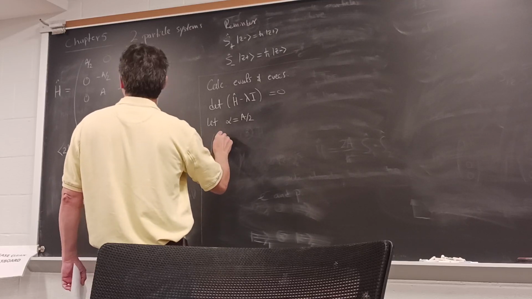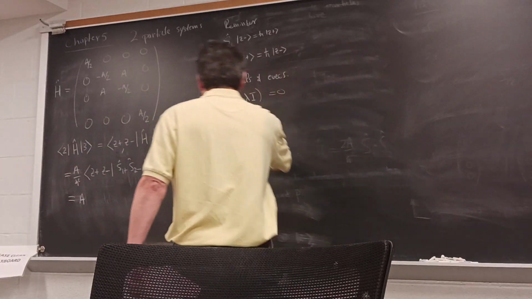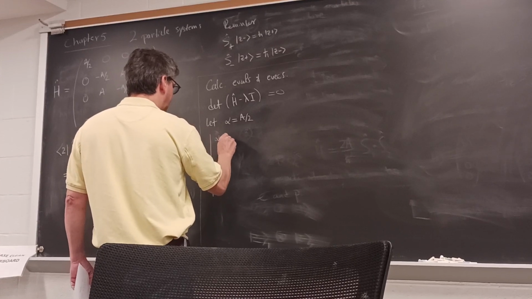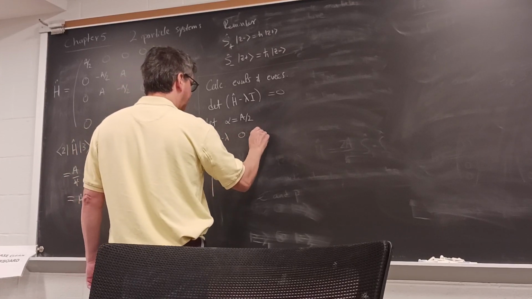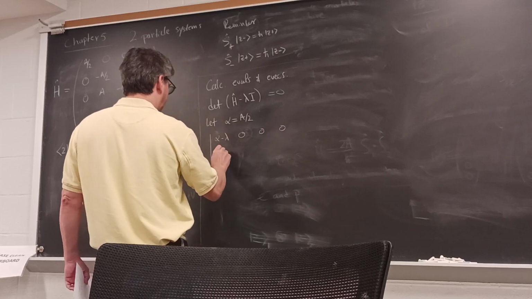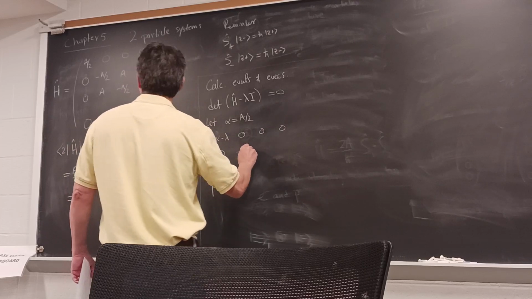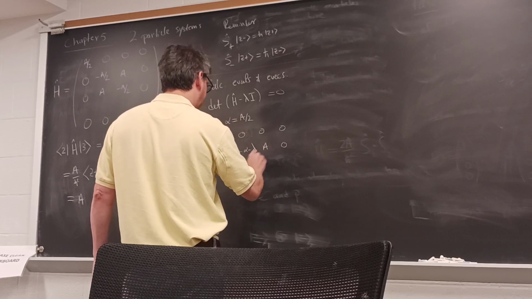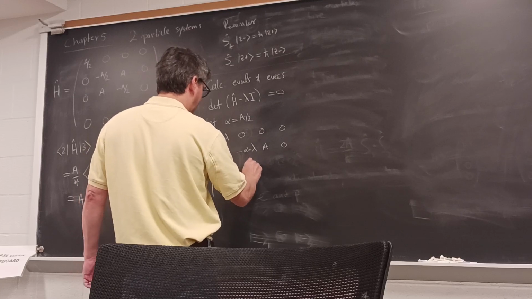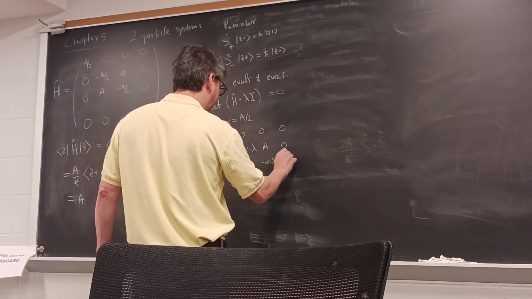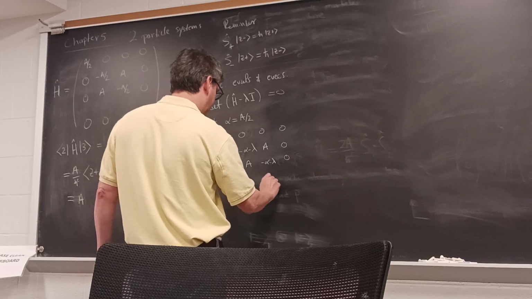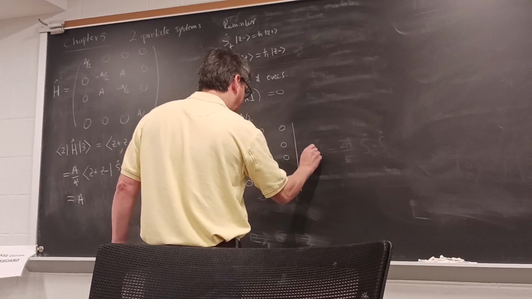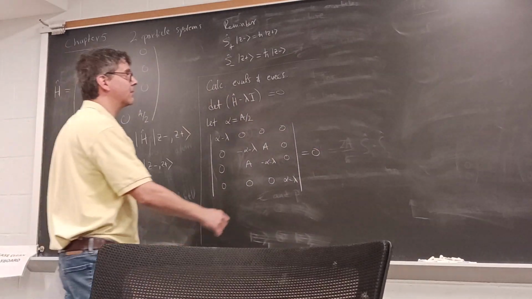So the determinant that I want will be alpha minus lambda, 0, 0, 0, 0, minus alpha minus lambda, A, 0, 0, A, minus alpha minus lambda, 0, and then 0, 0, 0, alpha minus lambda.